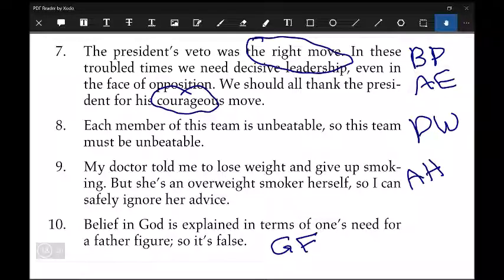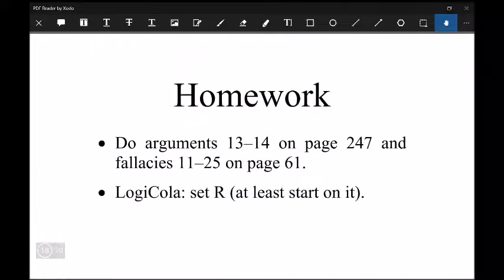Okay, much more you could say about that, and about a lot of these. So homework, do two more modal arguments on page 247. These are our last two. After this, we're done with modal, except for the final, and we'll just do fallacies, and then give a review class, and then the final exam.